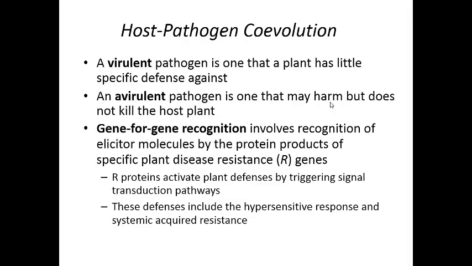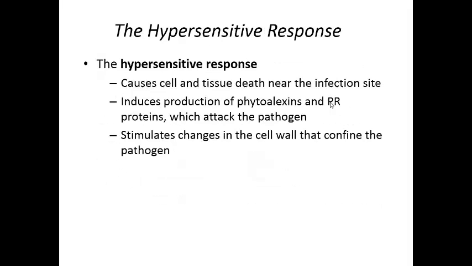When these pathogens bind to the R protein, this is going to initiate a signal transduction pathway that leads to a response. The R proteins can activate two different pathways. One pathway is called the hypersensitive response, and the second pathway is called systemic acquired resistance.